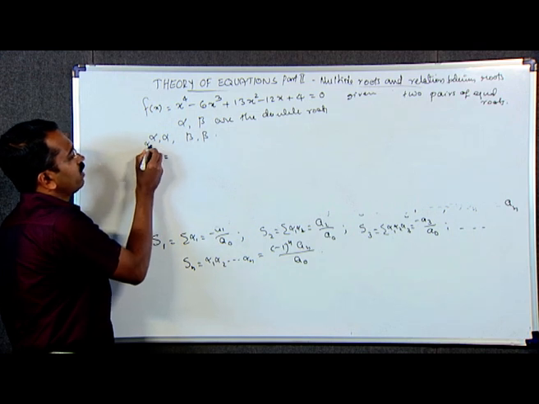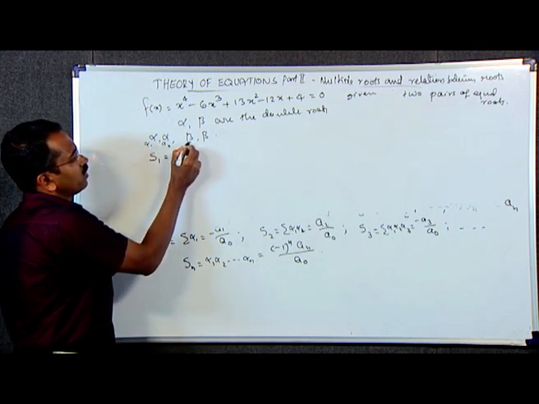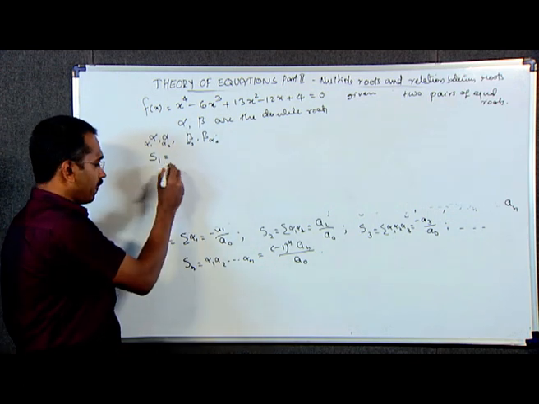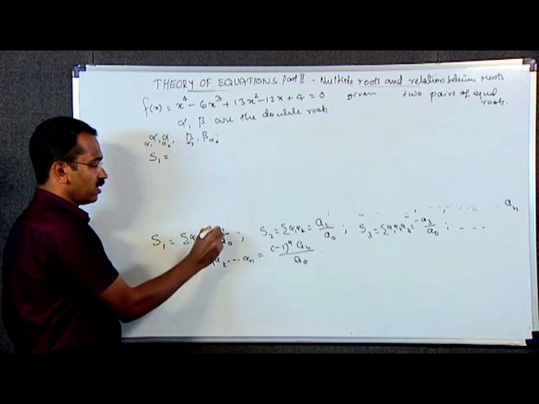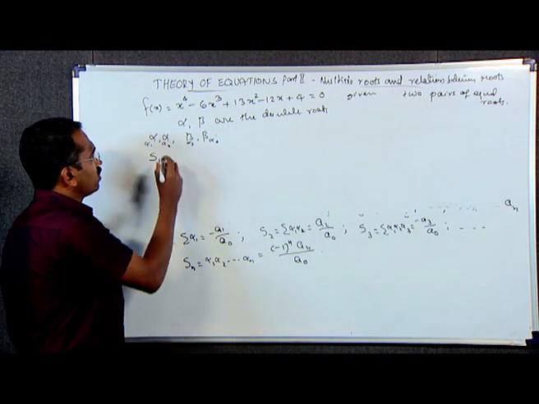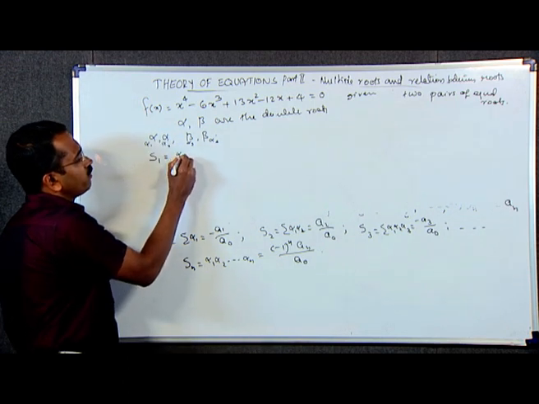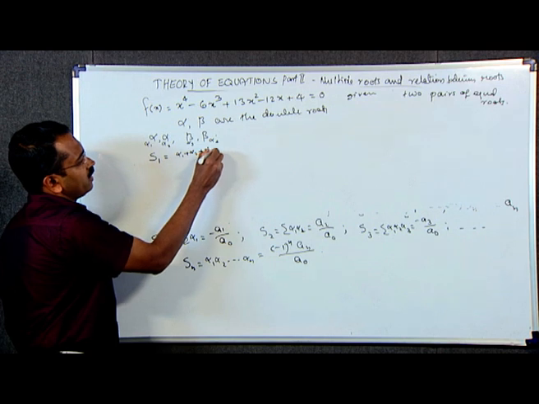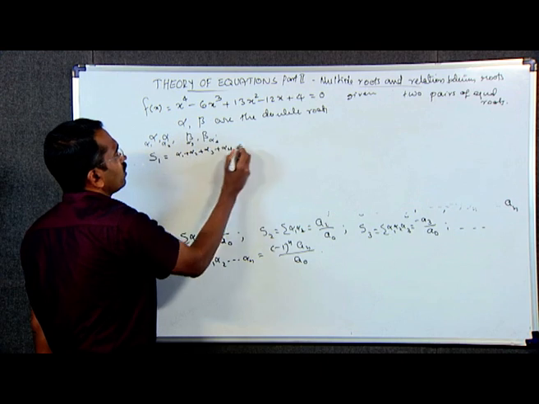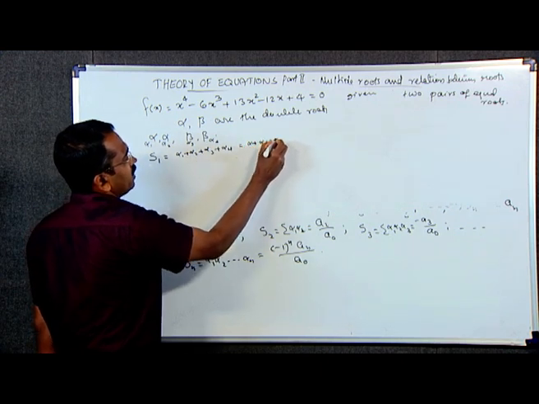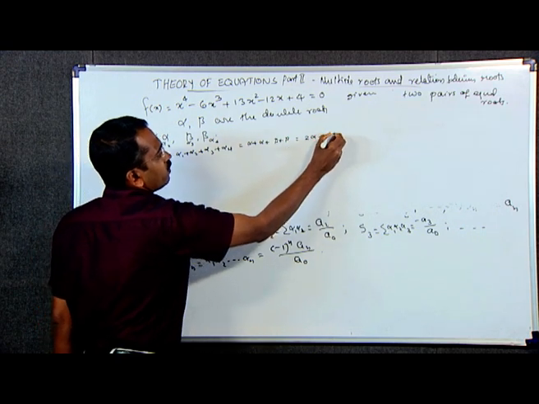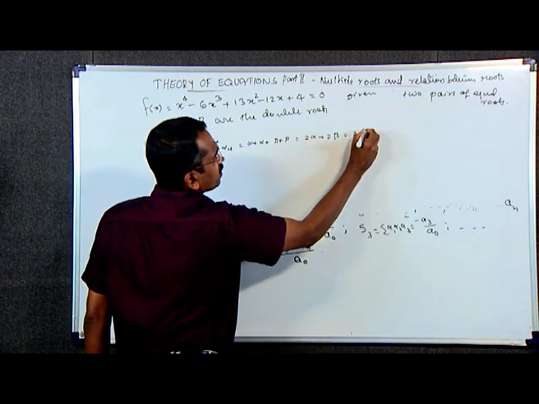Here, this is alpha 1, second one is alpha 2, this is alpha 3 and alpha 4. 4 roots are there. Now, S1 means summation alpha 1, that is alpha 1 plus alpha 2 plus alpha 3 plus alpha 4, which is equal to, in this case, alpha plus alpha plus beta plus beta, that is 2 alpha plus 2 beta, which is equal to 2 times alpha plus beta.